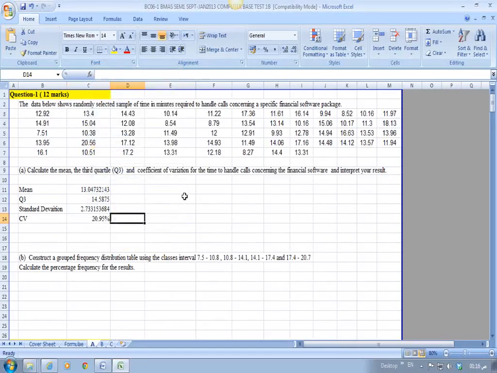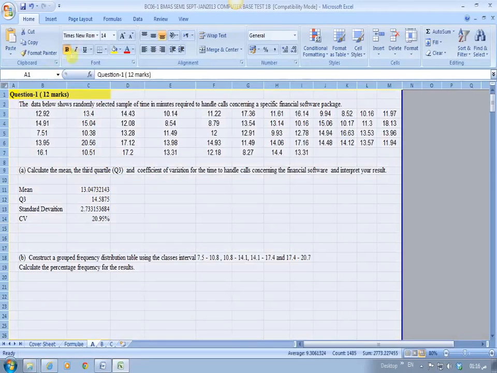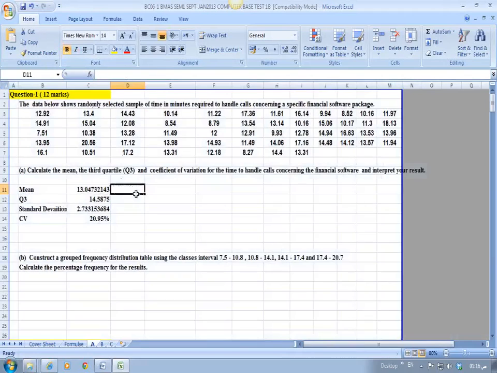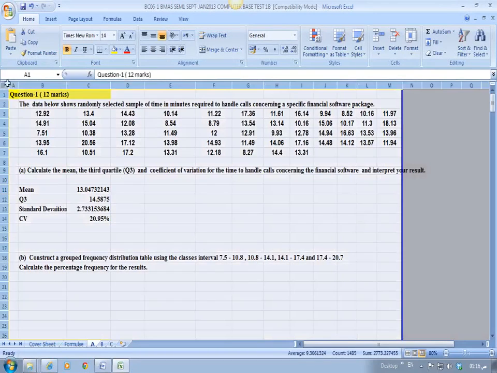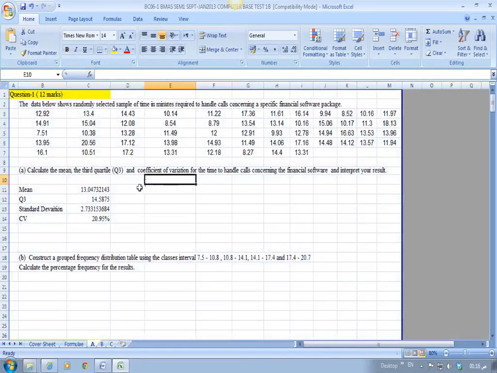The last part of the question is to interpret your result. Interpret your result, it means to explain your result in words.